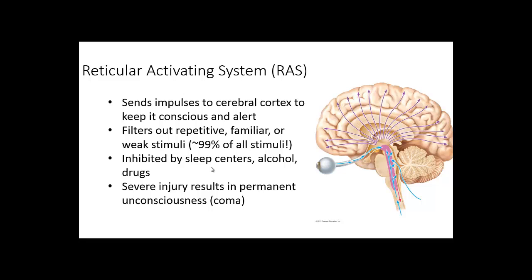Damage to the brain can cause a coma, and that's where some people will never regain consciousness because of damage to the reticular activating center. It's just impossible to become alert and come out of the coma.